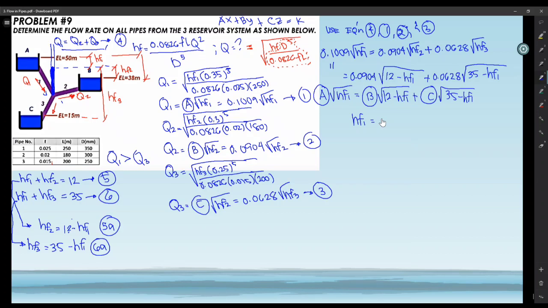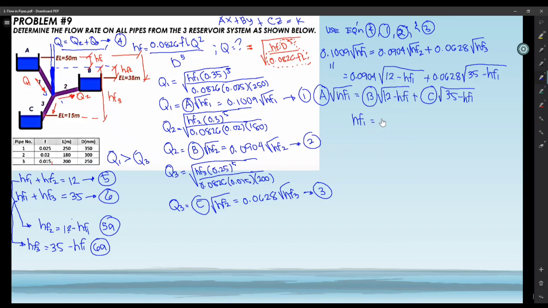Nawala pala yung isa. Okay, so alpha times square root of HF1. So i-let ko siyang x. Then equals to beta square root of 12 minus x plus yung Charlie natin, then times square root of 35 minus x, tapos shift solve.